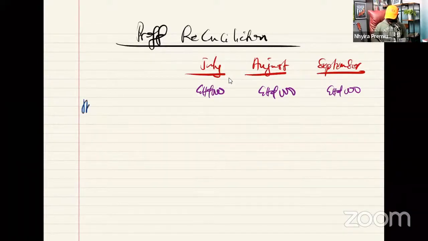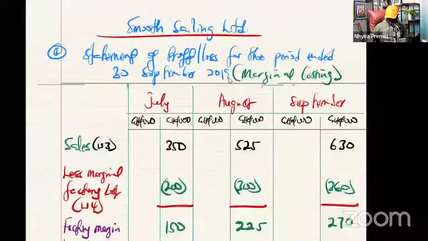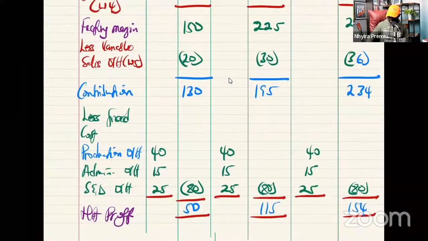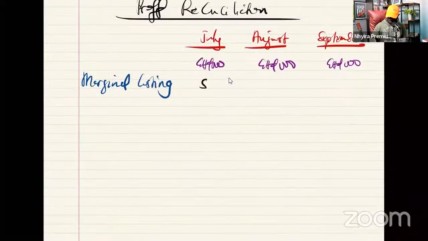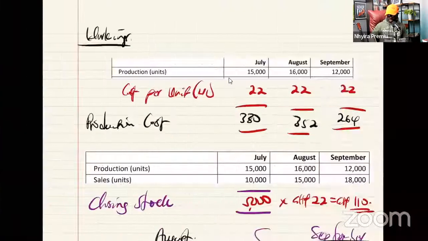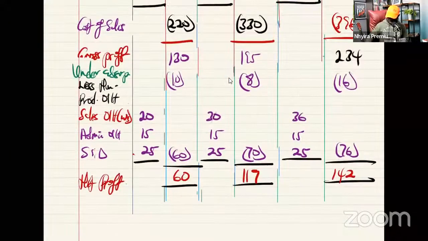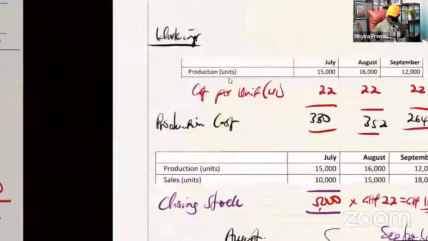So we can bring in the marginal costing profit. So what's our marginal costing profit from the A aspect? 50, 115, 154. And then the absorption costing profit is 60, 117, 142.